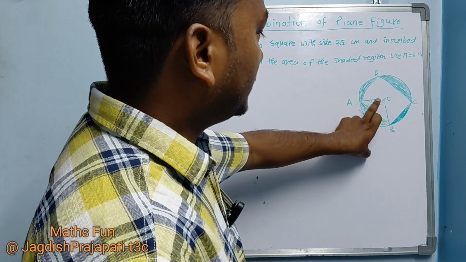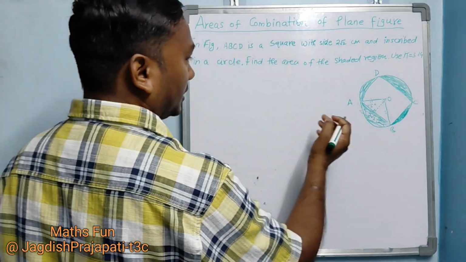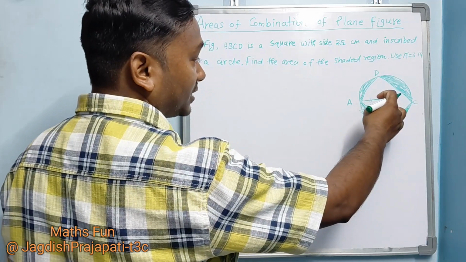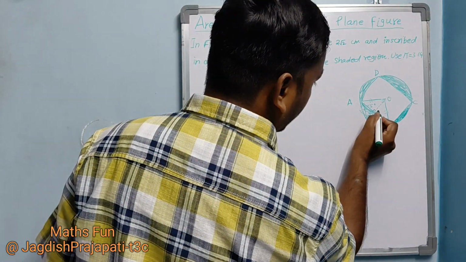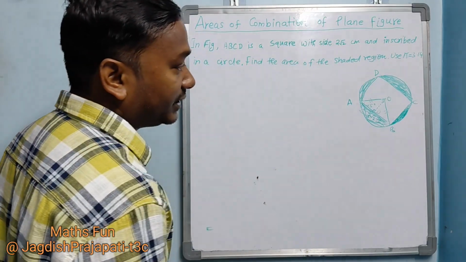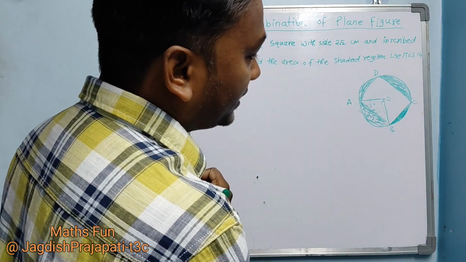Let O be the center of the circle; this is D, and D is the midpoint of AB.